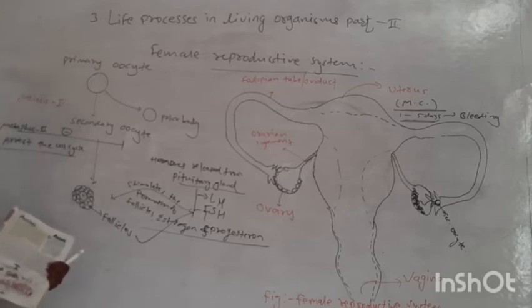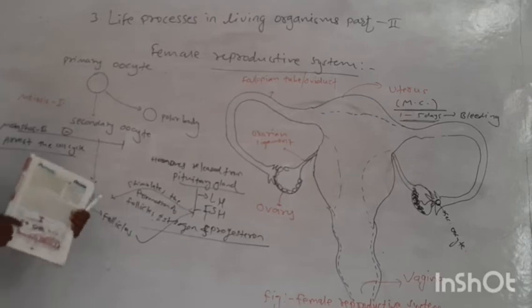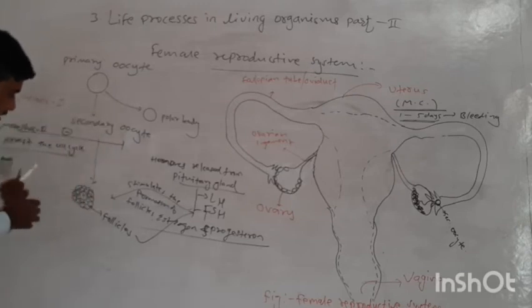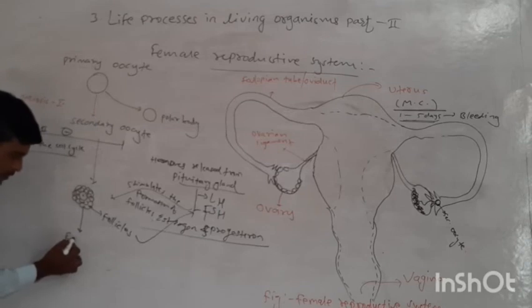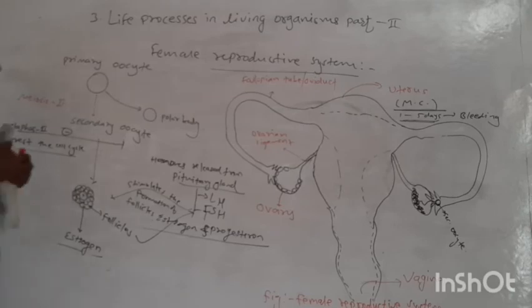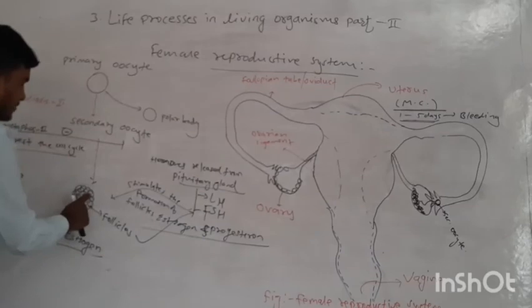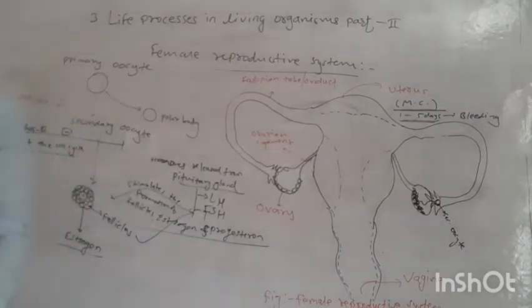Four oocytes are represented here, with the follicles around them, and an arrow is given for understanding. These follicles secrete the hormone called estrogen, and some amount of progesterone is also released by these follicles.